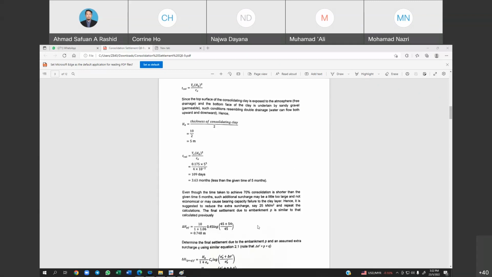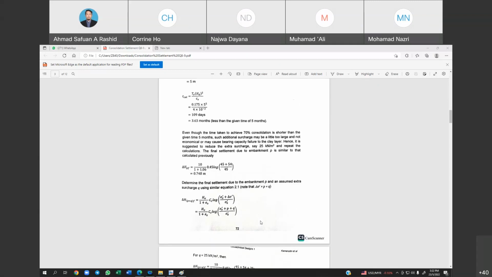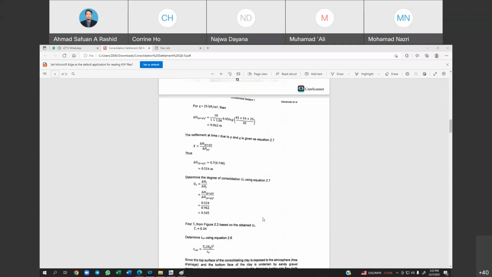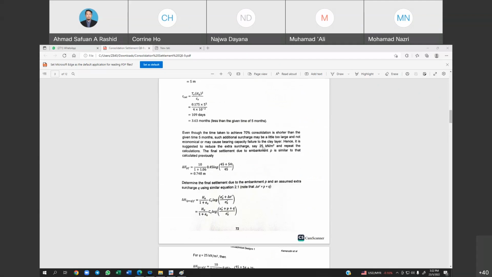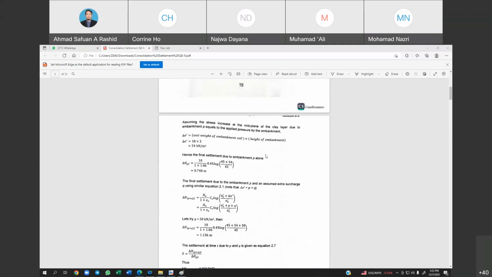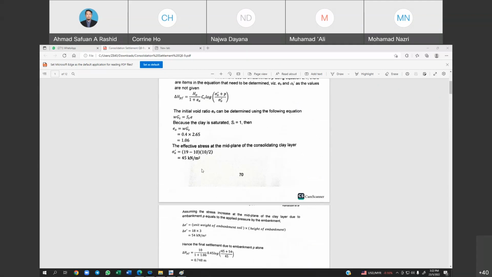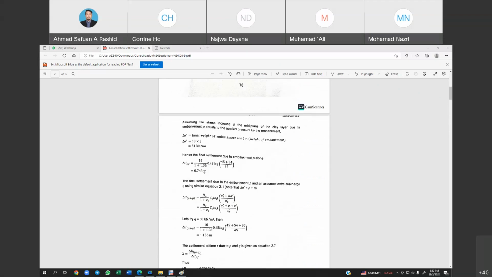The settlement due to embankment P is similar to that calculated previously. Oh, diulang balik, dengan reduce the Q value. Sebelum ni dia gunakan, they use the 50 kPa.